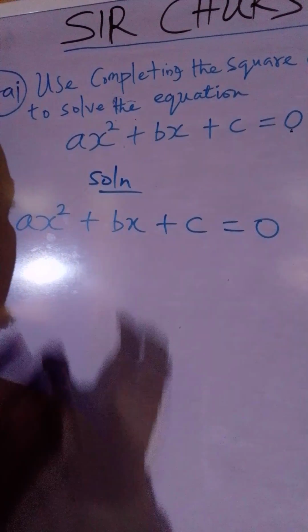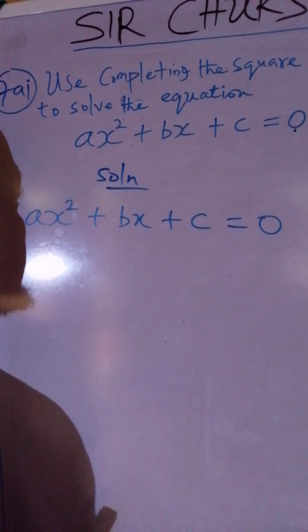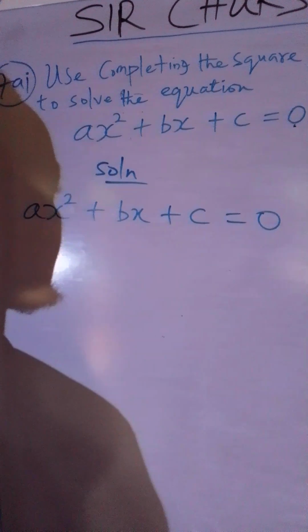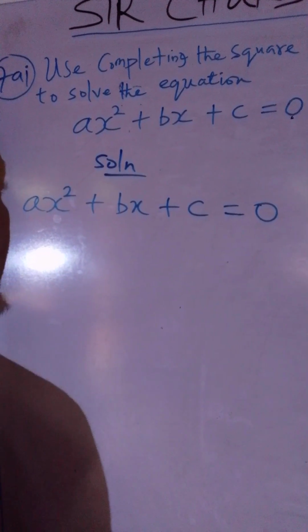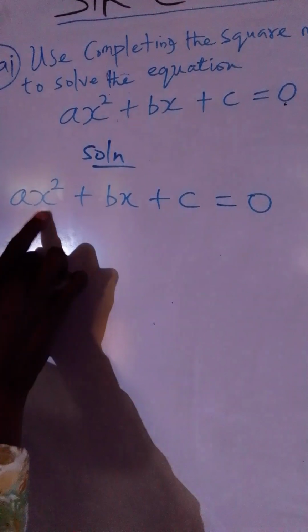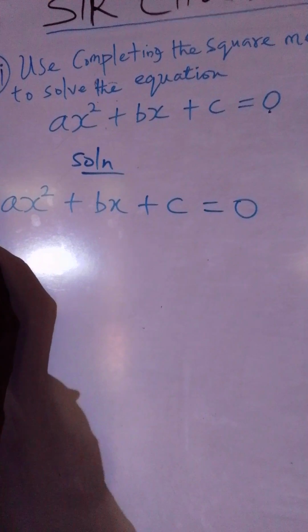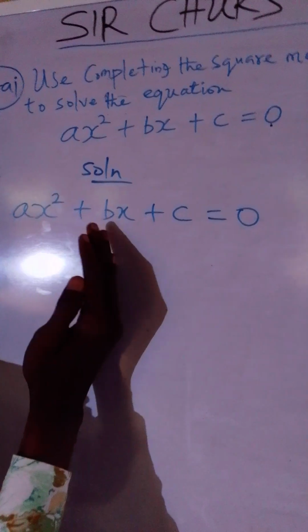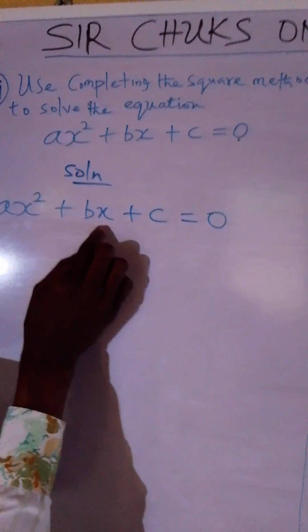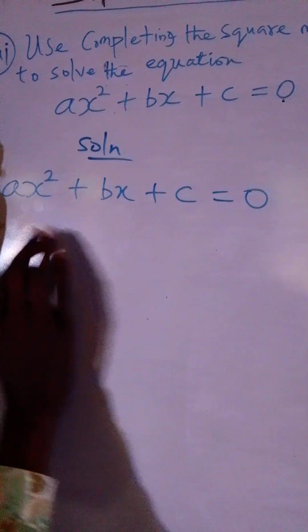All right, so how do we go about applying completing the square method? There are steps involved. Now the first step says arrange the terms containing x squared and x on the left hand side and the constant on the right hand side, meaning have ax squared plus bx at the left hand side and then take the constant c to the right hand side.